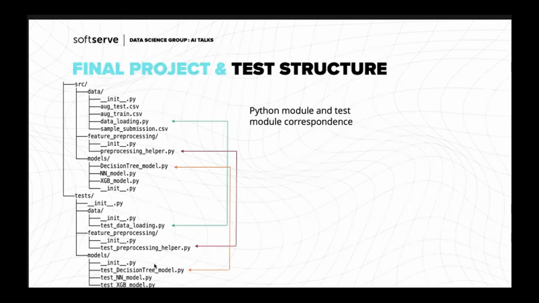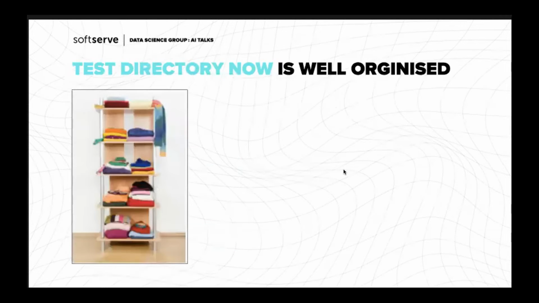It will be just tests for these functions. And the last one is models. Models in source is the code where we build and evaluate the models, and in tests, the models subfolder has tests which cover each of the models which we try to build. And finally, our test directory is now well organized, and looks like we are good with it.